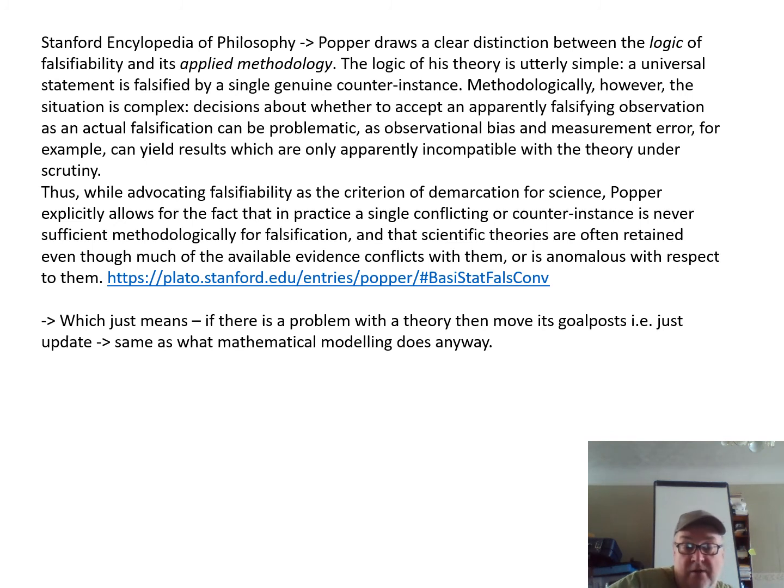But in the end, if you find a problem with a scientific theory from its mathematics and so forth, it's just going around in the mathematical modelling cycle. So a problem with a scientific theory, then you just move its goalpost, or you just update the theory, and that's what the mathematical modelling process does.